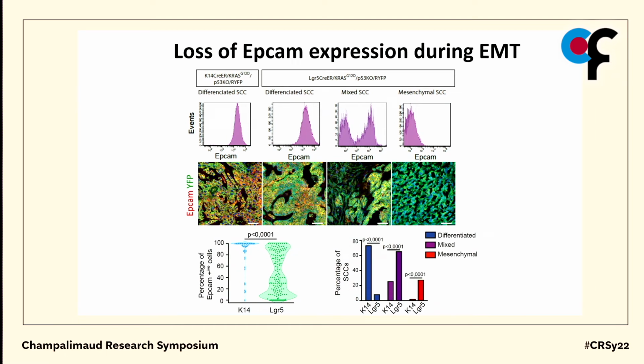We could track EMT very easily using EpCAM expression, which is a cell surface protein, an adhesion molecule, a little bit like E-cadherin. You see here there's a beautiful bimodal expression of EpCAM in mixed SCC that undergo EMT, and there's even mesenchymal-like tumor which are completely EpCAM negative.